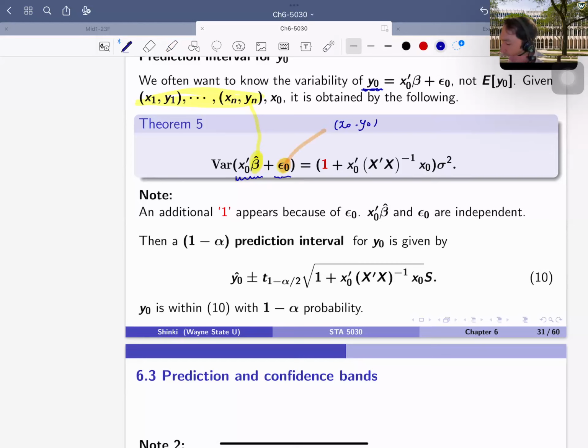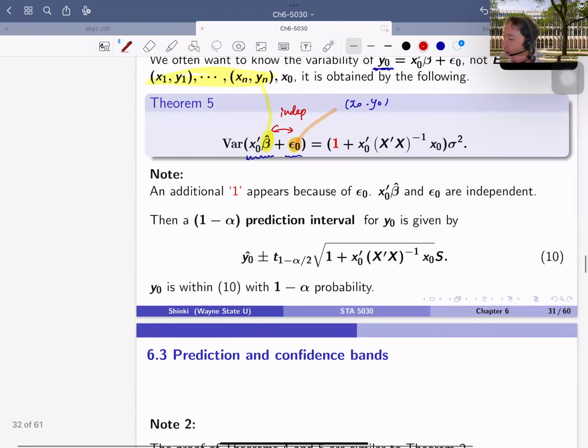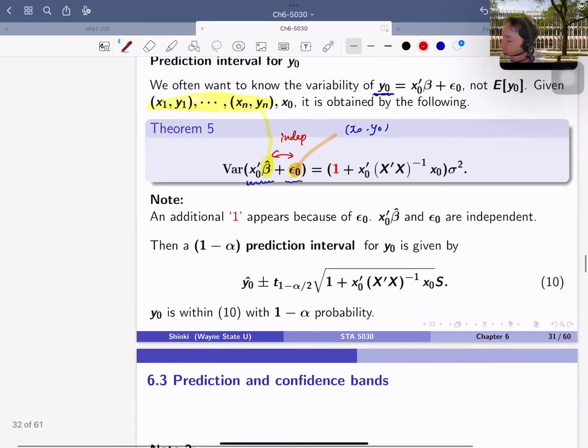Our assumption is that these are independent observations, so these two quantities are independent. So the variability of y naught is the summation of these two quantities.